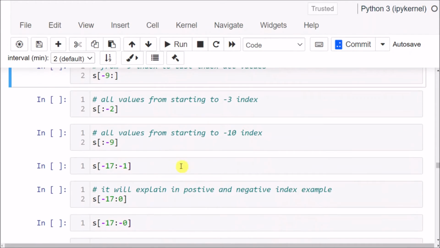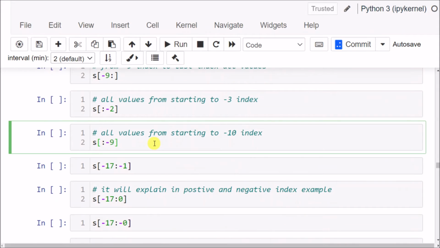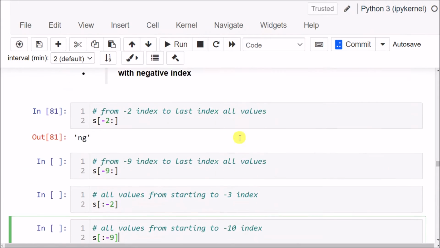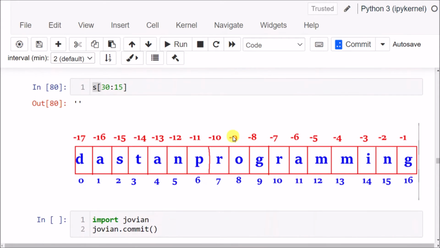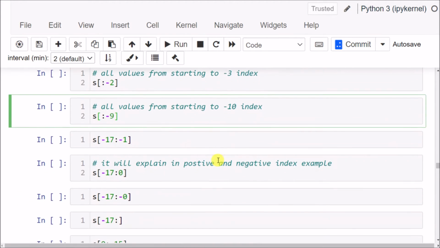So up to -9 values, 9 is excluded. What does that mean? All values from the start to index -10, that is before -9. So before -9, what is present? It is -10. So starting up to -10, that is Dastan PR.